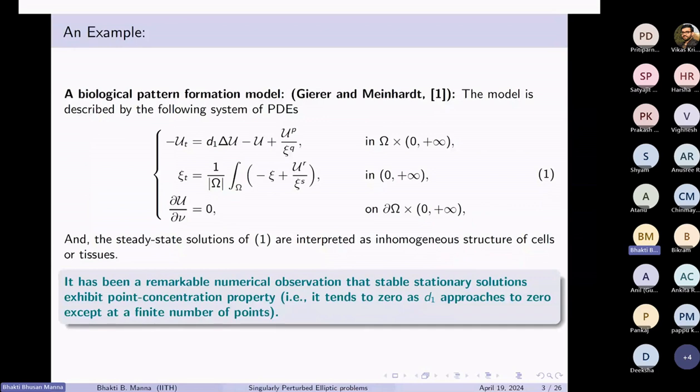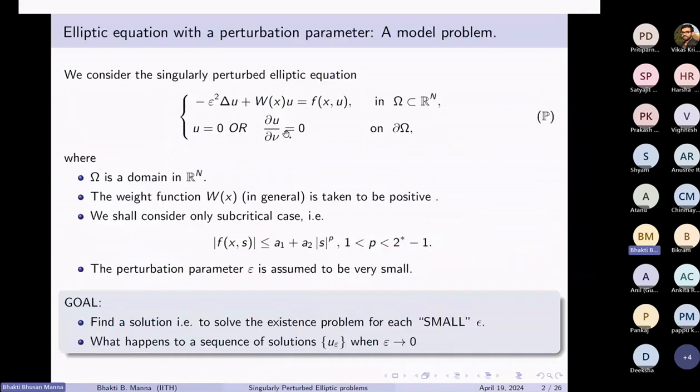And not only this, in other examples also, the same sort of phenomenon is observed. And when this parameter d1 goes to 0, it is quite natural that the solution concentrates. And if we look at this equation, it is nonlinear because of this nonlinearity.